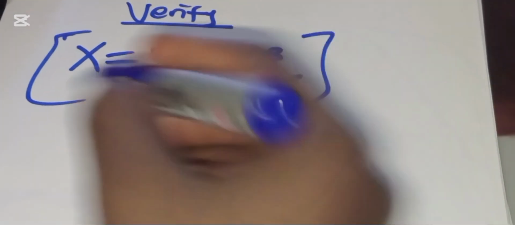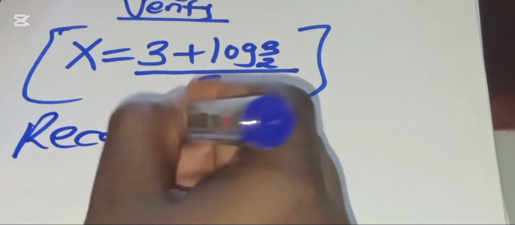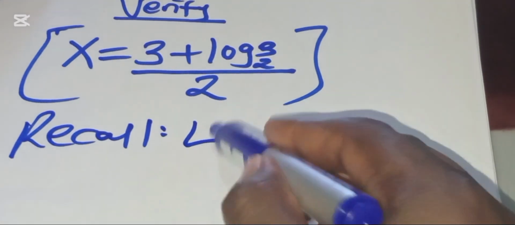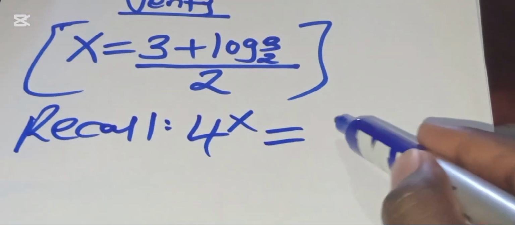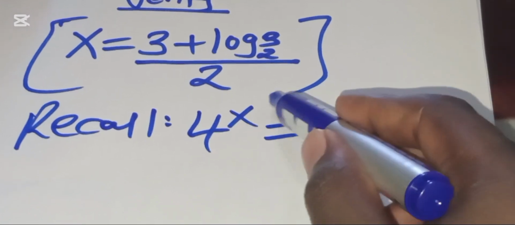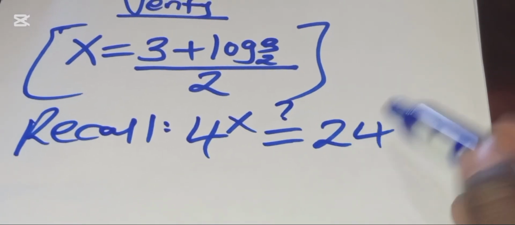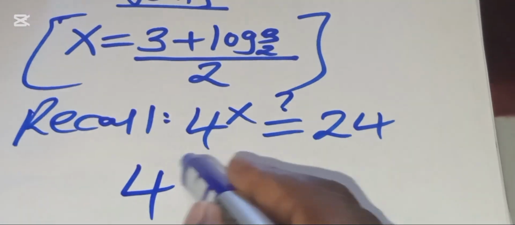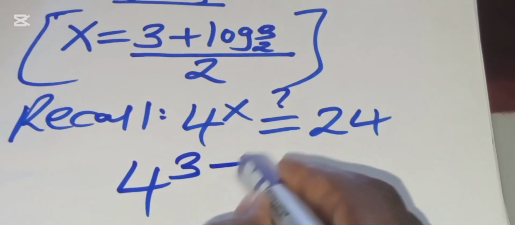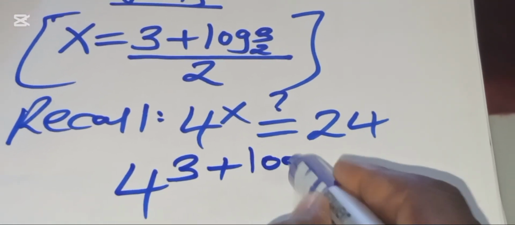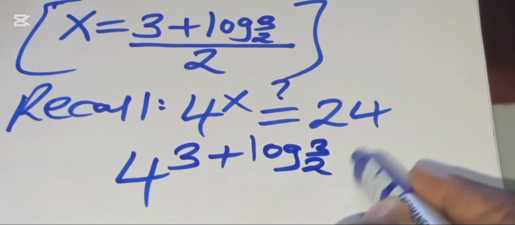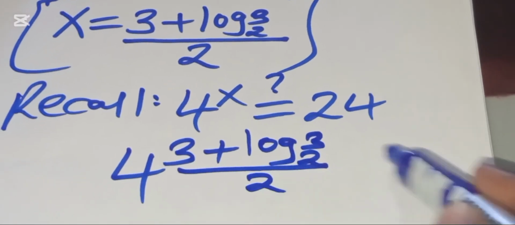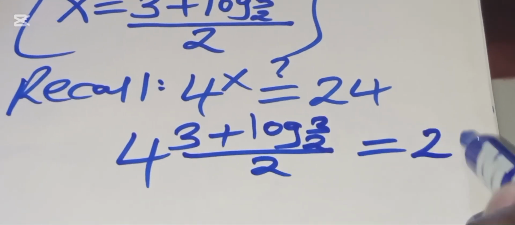Now if you recall, we started with 4 raised to power x equals 24. This should give us a value of 24, so let's check this. We will have 4 raised to power (3 plus log 3 to base 2, divided by 2), and this should give us a value of 24.